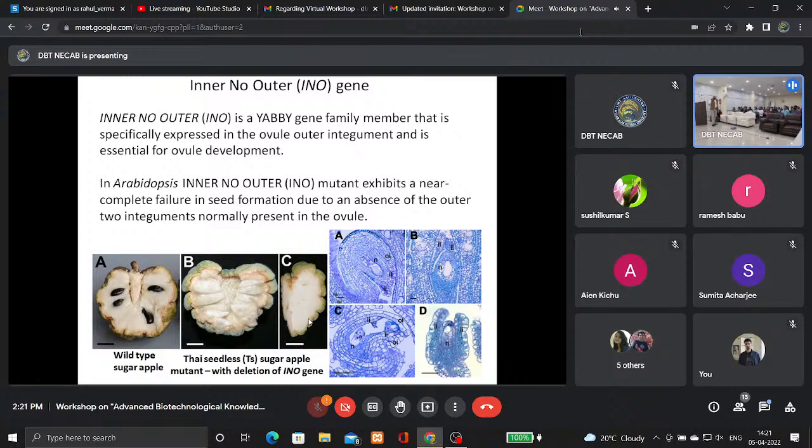When they tried to find the reason why it became seedless and did the whole analysis, they found it was due to a spontaneous mutation.